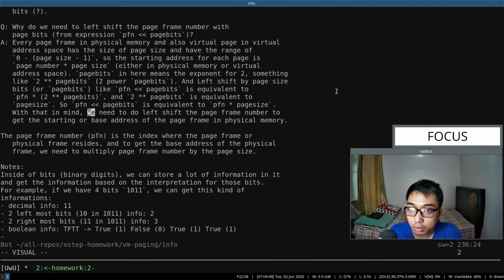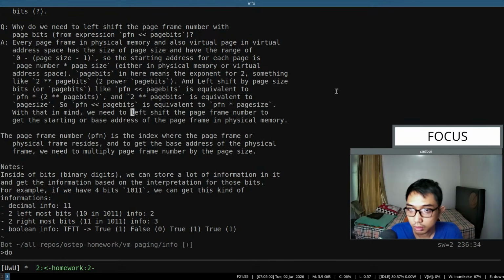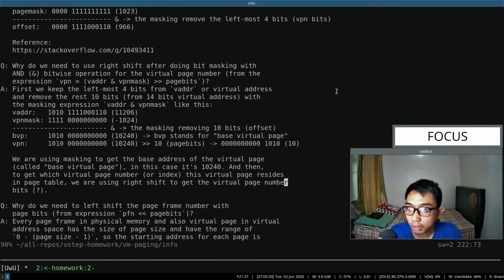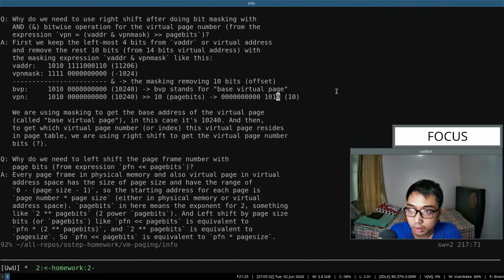Okay, we need to left shift the page frame number to get the starting or base address of the page frame in the physical memory, and that's why we also need to do right shift here to get the virtual page number, something like that.